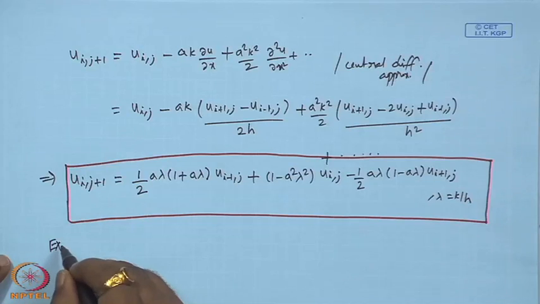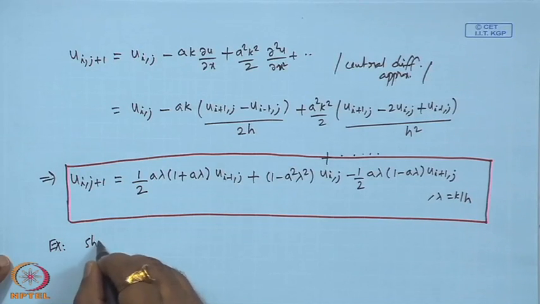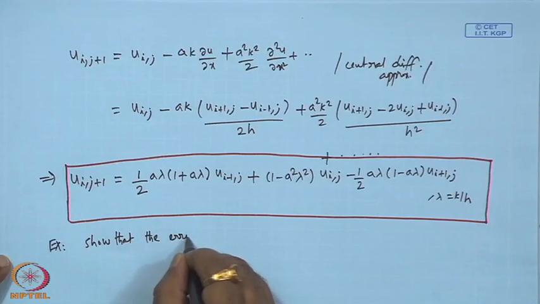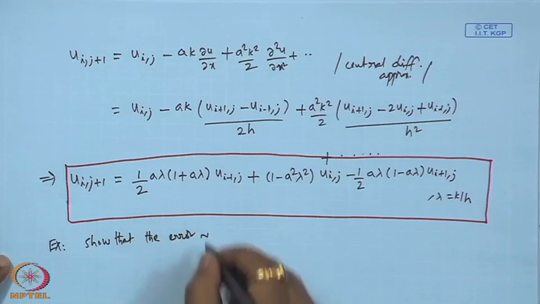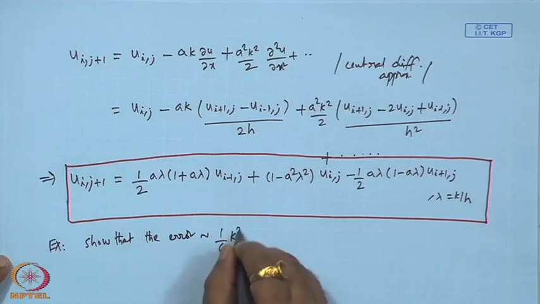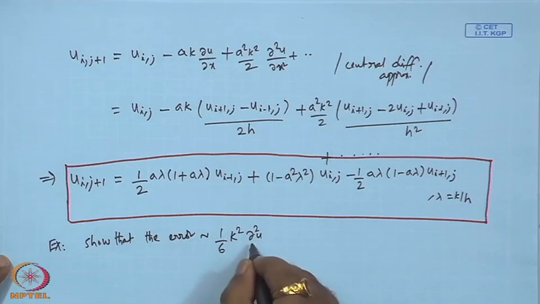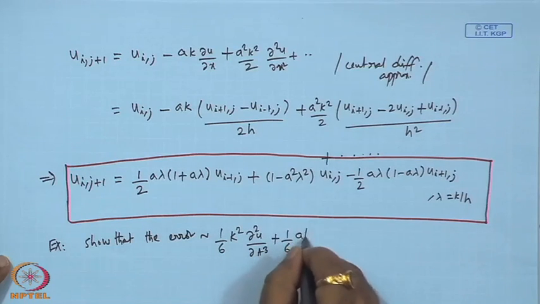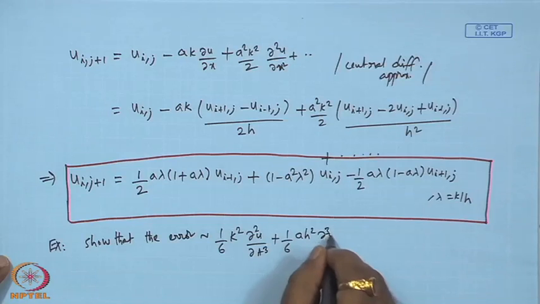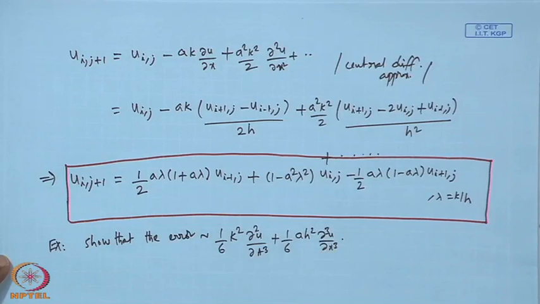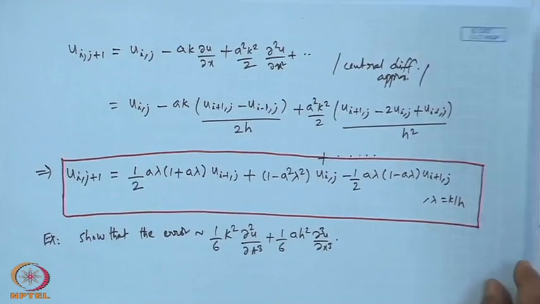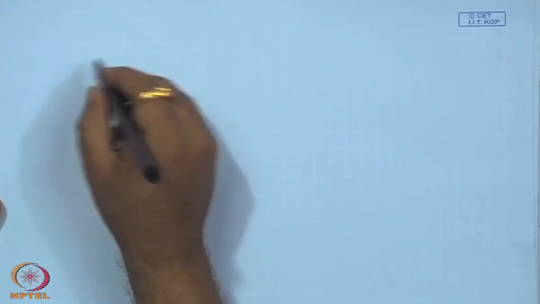So, now exercise: show that the error involved in the above approximation is, okay. So, this can be shown. So, now let us talk about stability of this method.